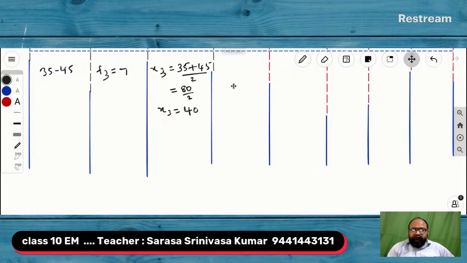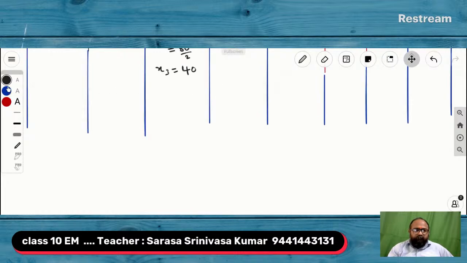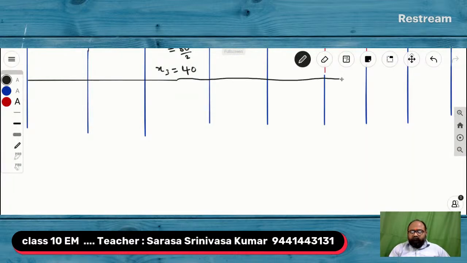Now we consider the next class interval, 45 to 55. So the frequency is F4.